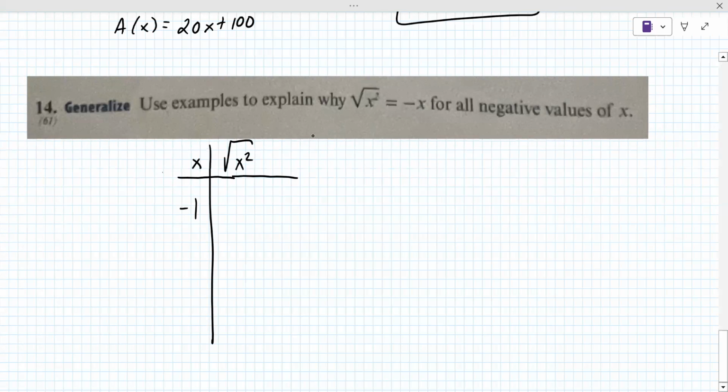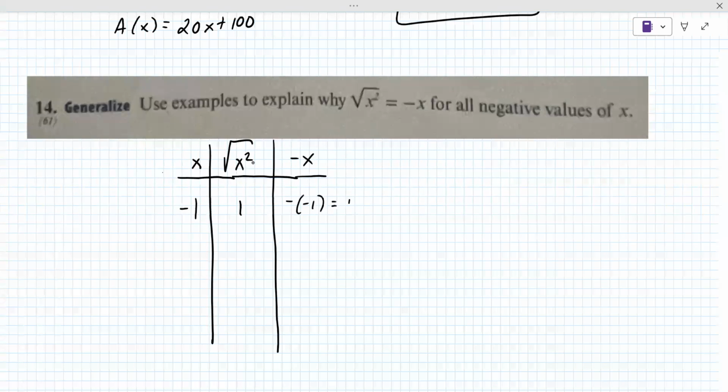So in this case, you would square first. When you square a negative, it becomes positive. The square root of the number becomes 1. And then they're asking, is that the same as negative x, -1? You can see that it works.